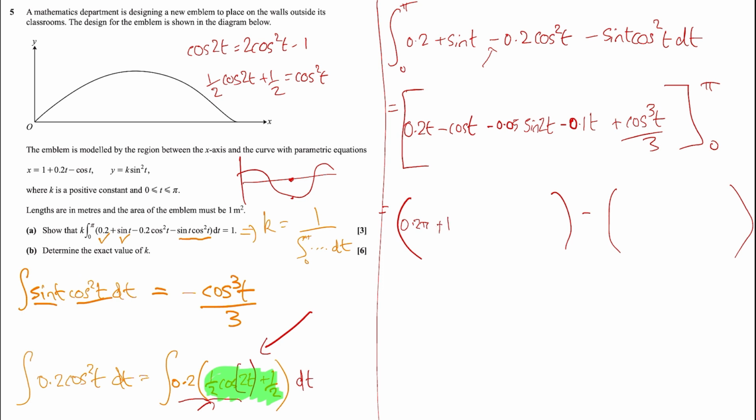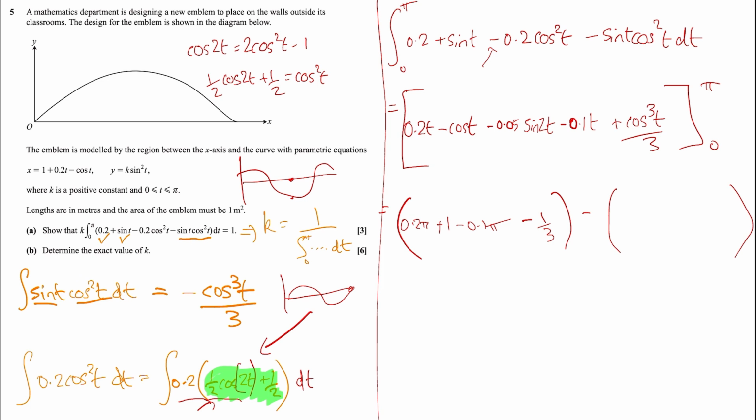Sine of 2 pi, if I draw the sine graph here, at 2 pi is 0, so that goes to 0, minus 0.1 pi, and then cos of pi we've already seen is -1, so this is -1/3. Don't forget you can just shove all this in your calculator as well.